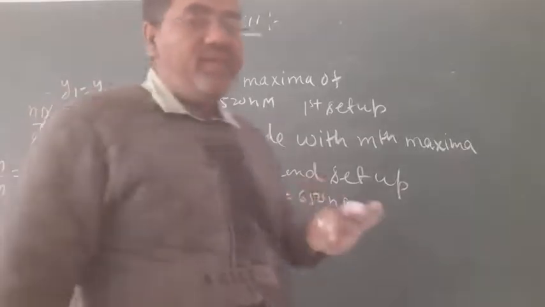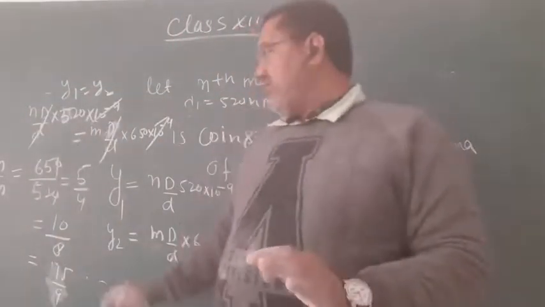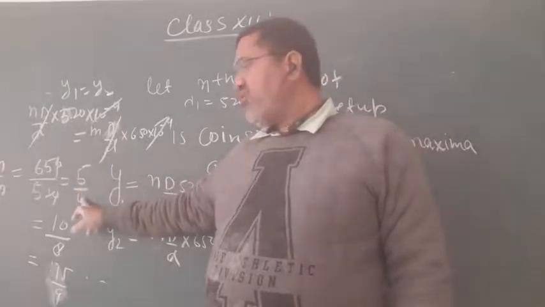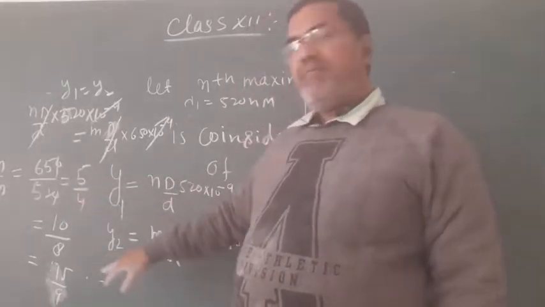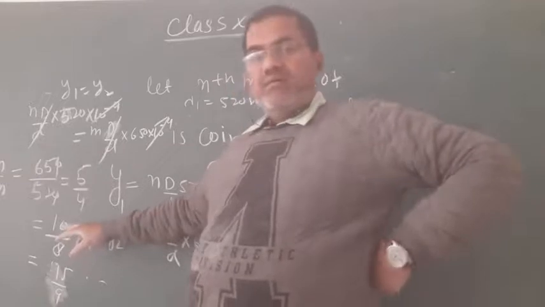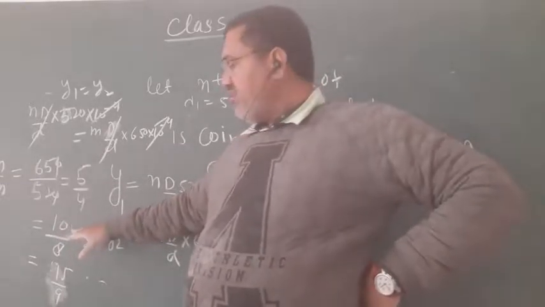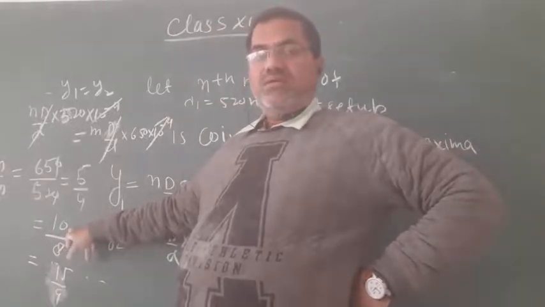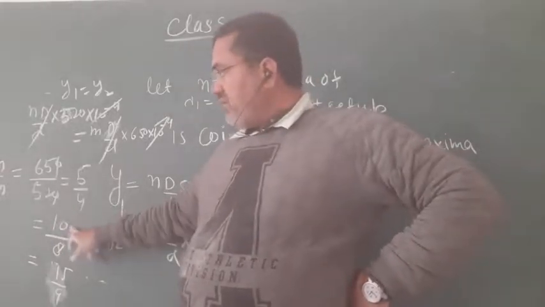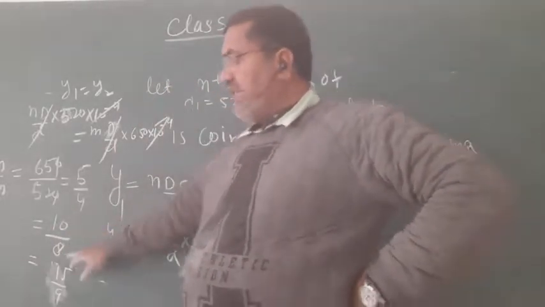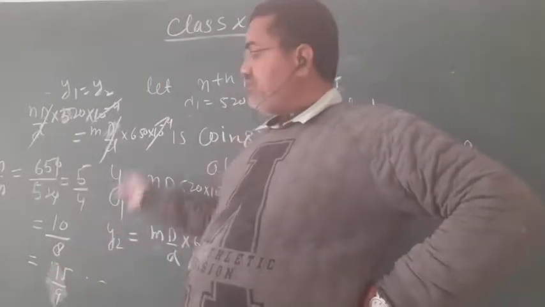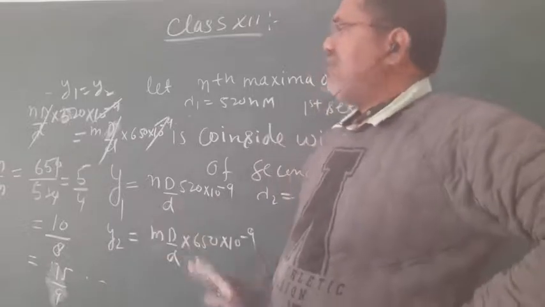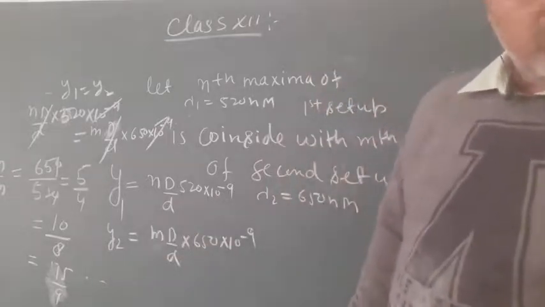So the first coinciding bright fringe is the 5th maxima of the first and the 4th maxima of the second, the second coinciding maxima is the 10th of the first with the 8th of the second, and so on. This is a very important question of NCERT.